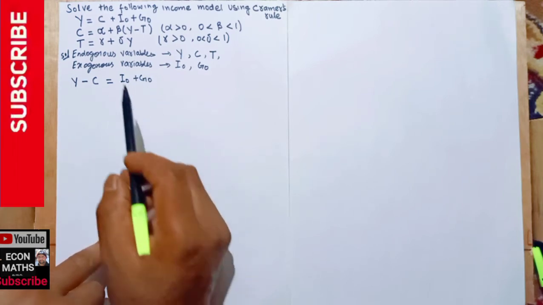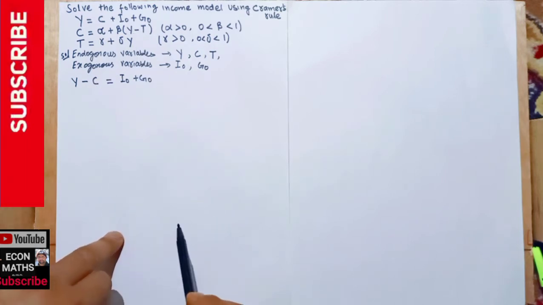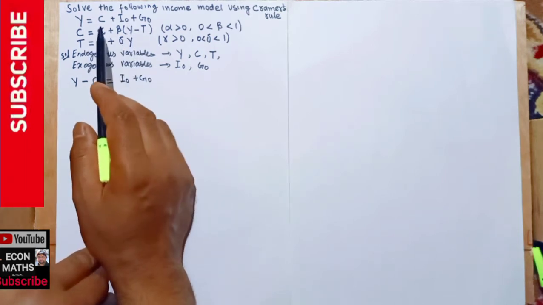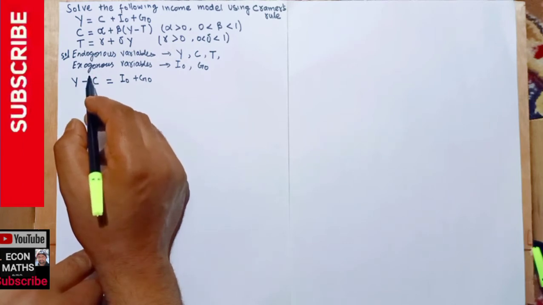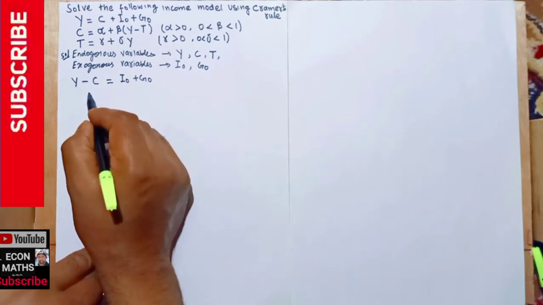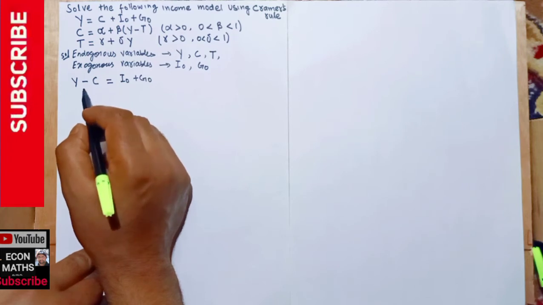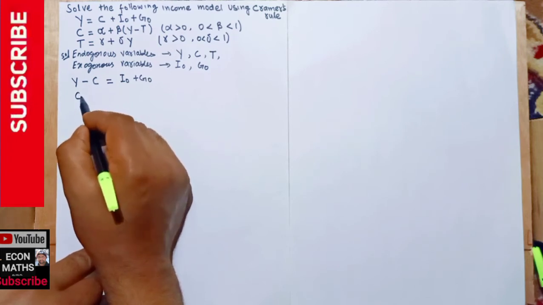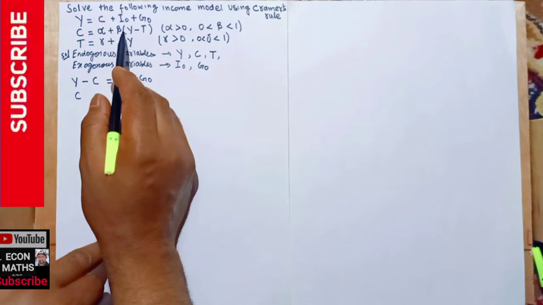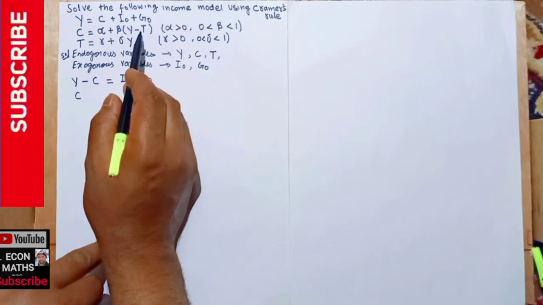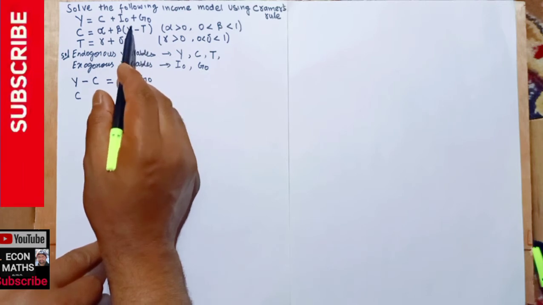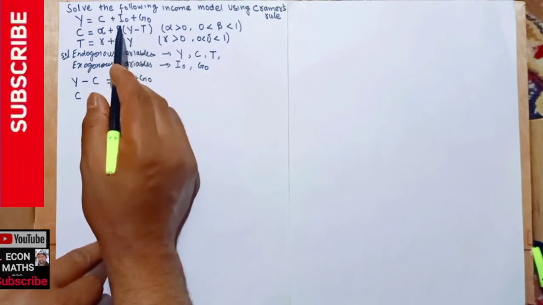Now in the second equation, c is the endogenous variable, so I will write c here. Here y is the endogenous variable and t is also an endogenous variable. Now we will transpose these terms on the LHS.